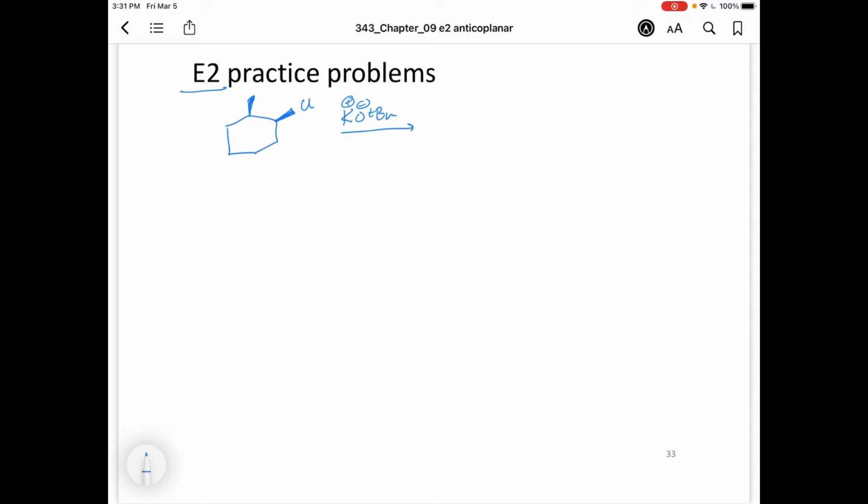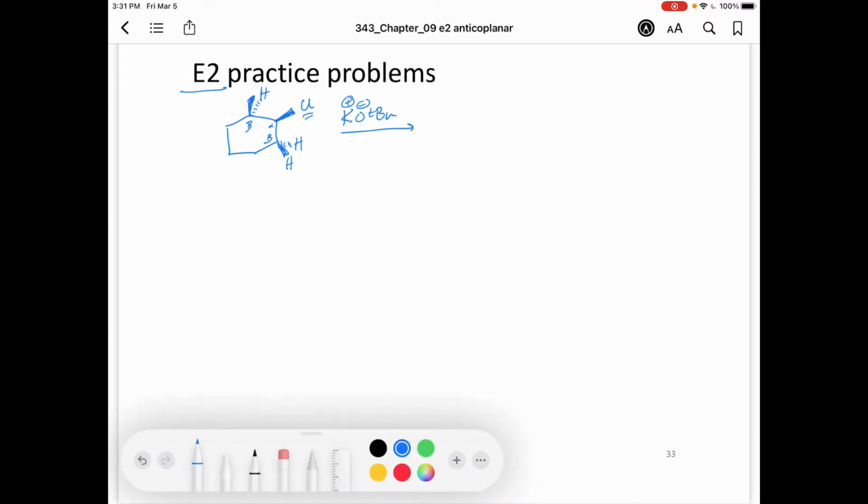As we're looking here, we're going to label our alpha and beta carbons. This one has 2 beta carbons. And we're going to first ask, okay, we're pretty sure we're going to do E2. Are there protons on the beta carbons? There are. Second question is, do we have any protons that are anticoplanar or anti-periplanar to our leaving group? Our leaving group is that chlorine there.